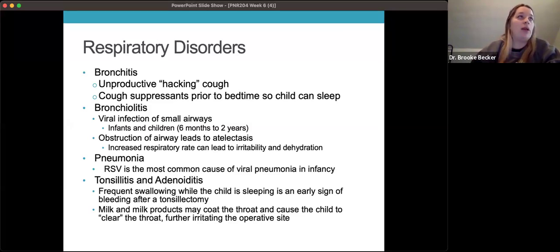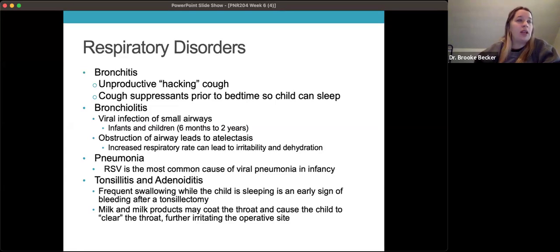But one of the most common things after a tonsillectomy is bleeding. That's why they don't do them quite as routinely as they used to. And kids can bleed very fast or very significantly with post-T&A bleeds.